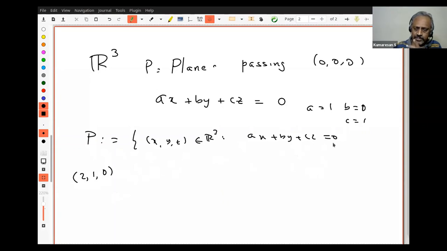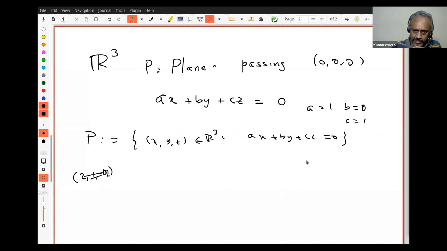Therefore, 2 equal to 0, that's not true. You understand? Whereas if I put minus 2, that will be a times 2, and b is 0, 0 times 1, then c times minus 2, therefore that's 0. You understand? So this is known as the equation of a plane passing through origin.